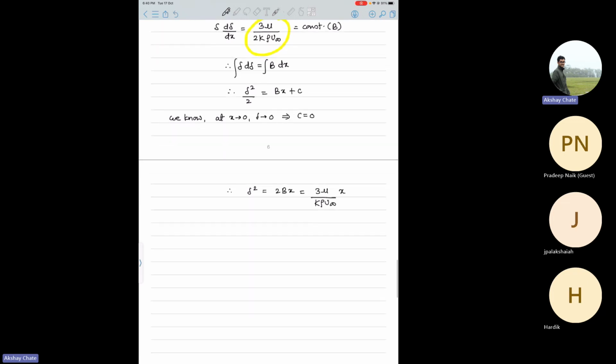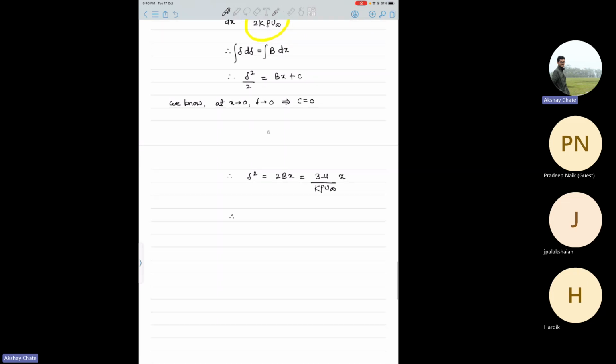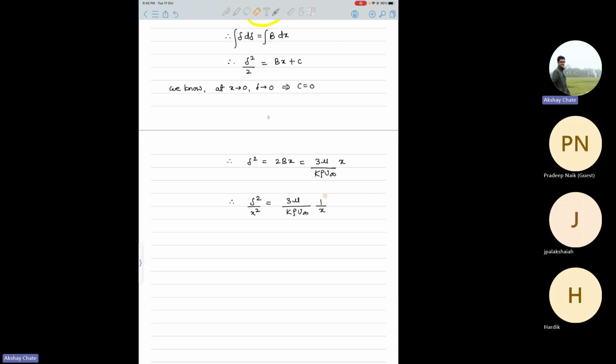And here what you can do is divide both sides by x square. So delta by x square becomes 3 mu, this remains as it is, and you'll get 1 by x over here. If you rearrange the terms, I'll keep 3 by k here as it is.